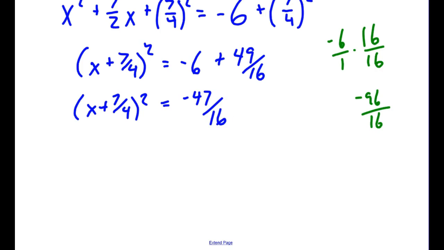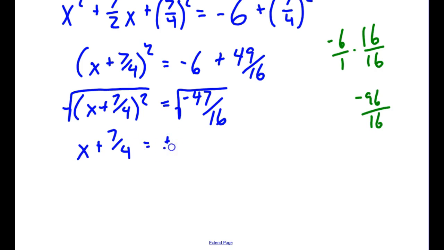Now we can solve and try to isolate x. Take the square root of both sides of the equation. That will leave us with x plus 7 over 4 equal to plus or minus radical negative 47 over the square root of 16.